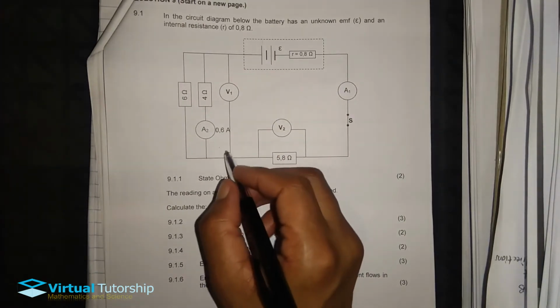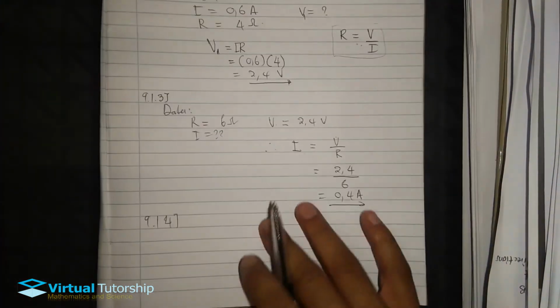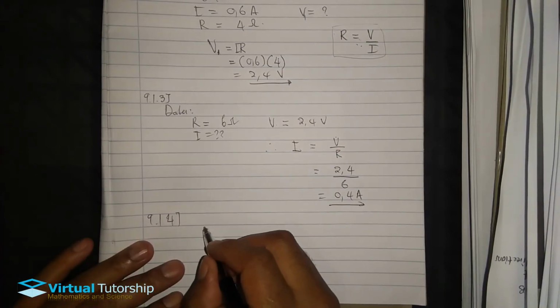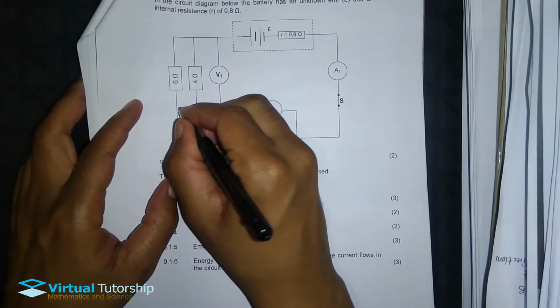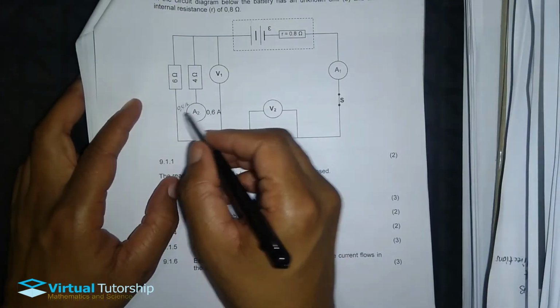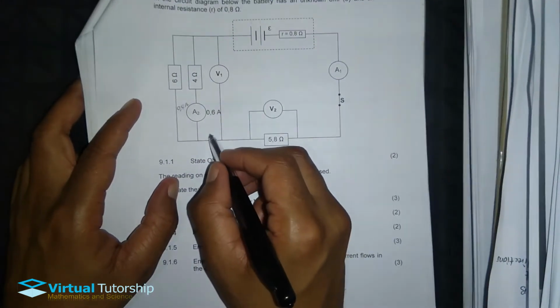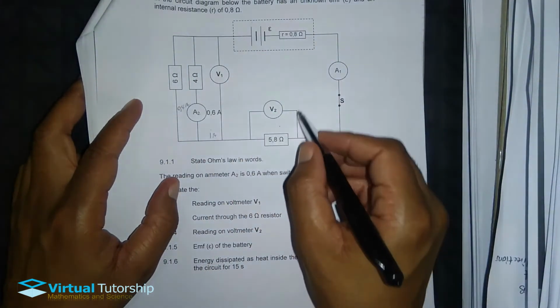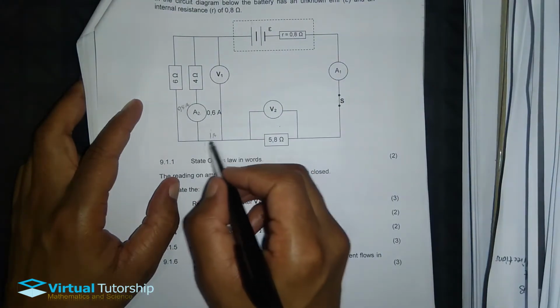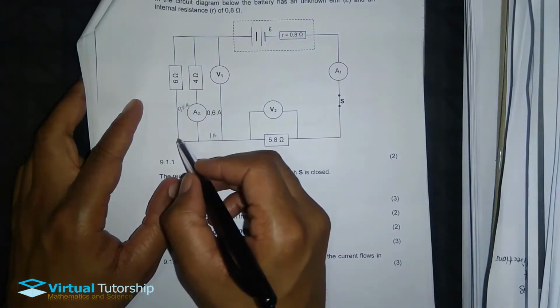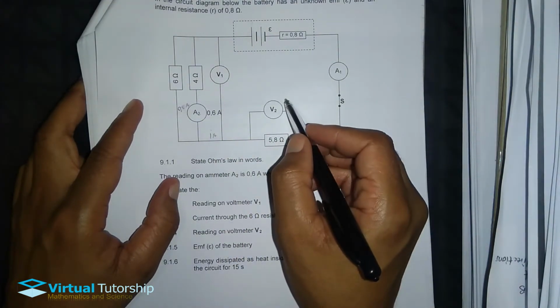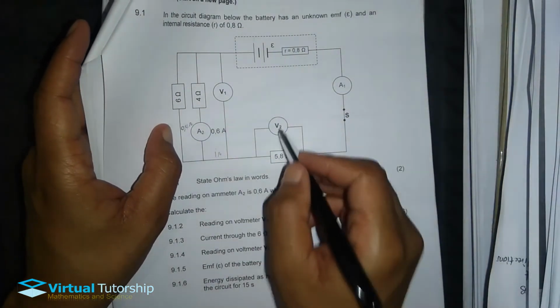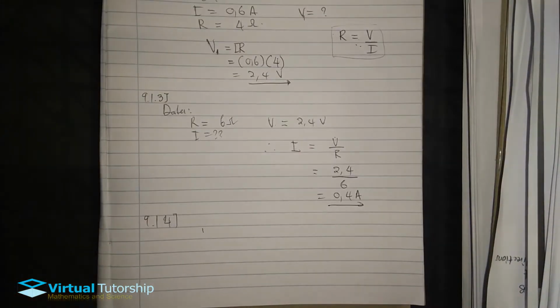When they join, 0.4 amperes plus 0.6 gives us 1 ampere. So the current flowing through the parallel connection, which is connected in series with the 5.8, is 1 ampere. If 1 ampere flows on both sides, it means the flow is 1 ampere. So now that we have the current, I can calculate V2.